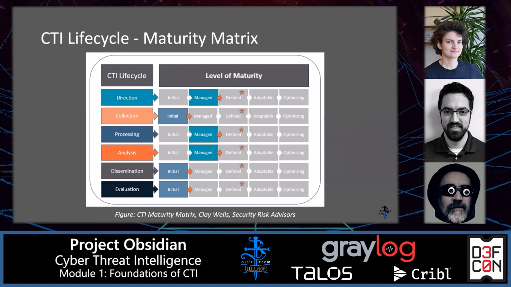For example, collection. One thing that many organizations do is they identify an IOC threat feed or two, and they start consuming that data and they process it. They usually kick it out to a SIEM. There's usually some sort of sweeping of the environment for these IOCs.